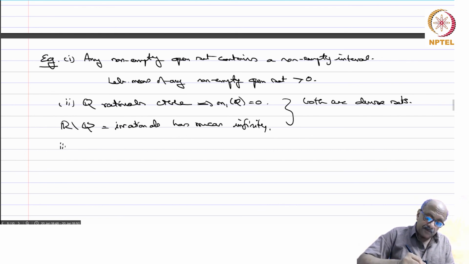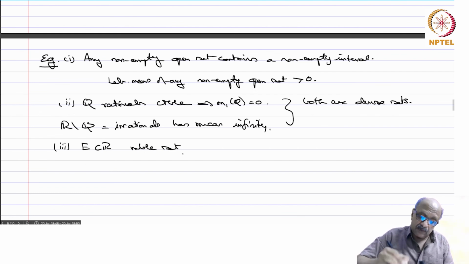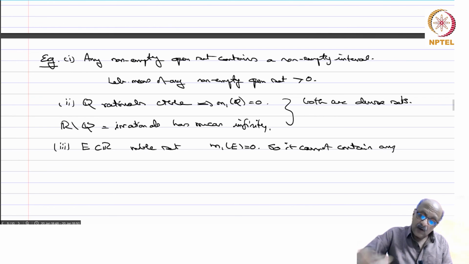3. E contained in R is a measurable set. Measurable means Lebesgue measurable. That means it belongs to the Lebesgue sigma algebra such that M1 of E is 0. So it cannot contain any open set.